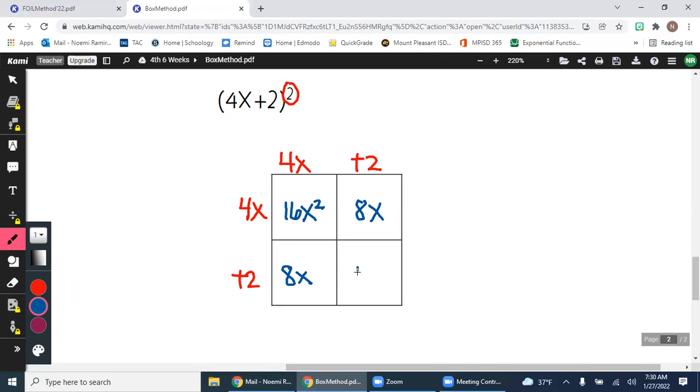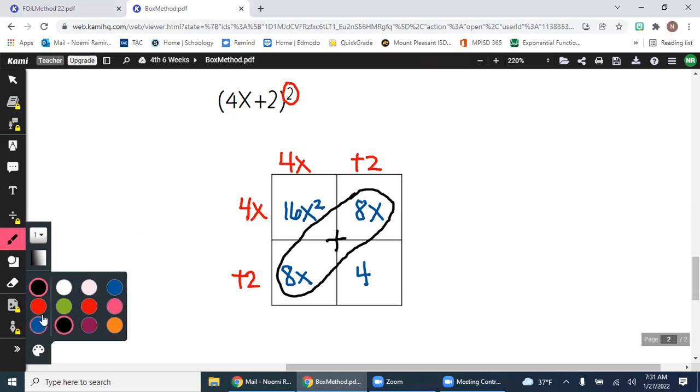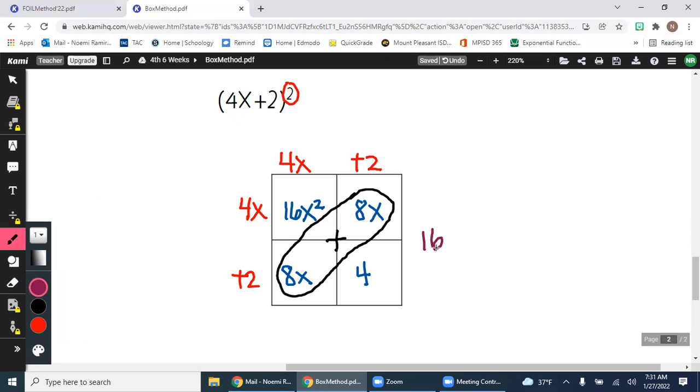And then 2 times 2 is 4. Always combine the diagonal. Now you will have some examples where the middle two will cancel out. So just be aware of that and be careful. All right, 16x squared. 8x plus 8x is 16x, plus 4.